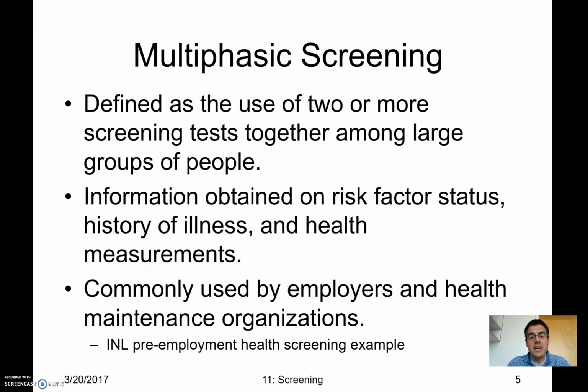For example, when I was first employed with the Idaho National Laboratory up in Idaho Falls, one of my first days there, they did a half day almost where I had this mass number of screening tests that were performed, be it through, I had hearing tests done, I had lung function tests done, I had my eyes checked, that's a screening test, I had blood drawn, I had some x-rays, and so they were trying to build and determine a baseline reading as to what I was coming in with from a health standpoint.